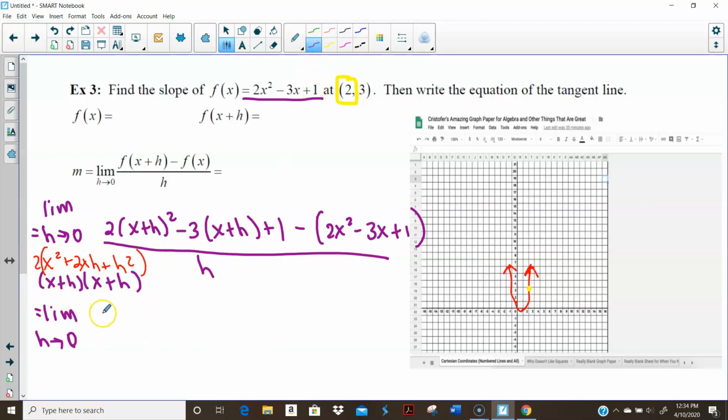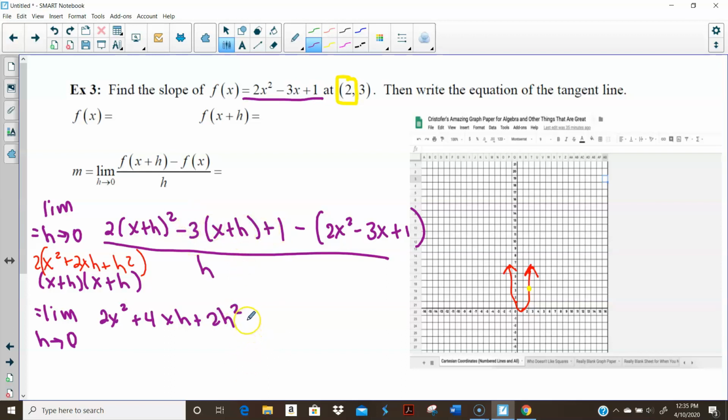So now I will have 2x squared plus 4xh plus 2h squared.